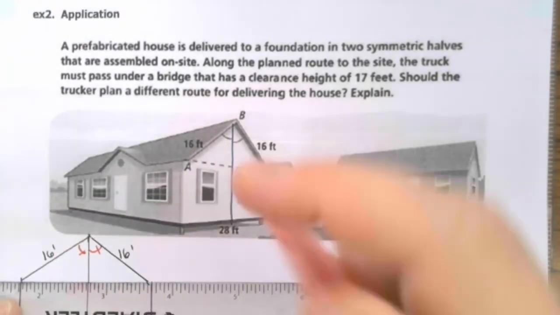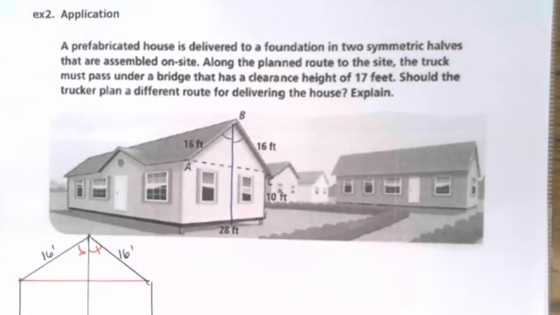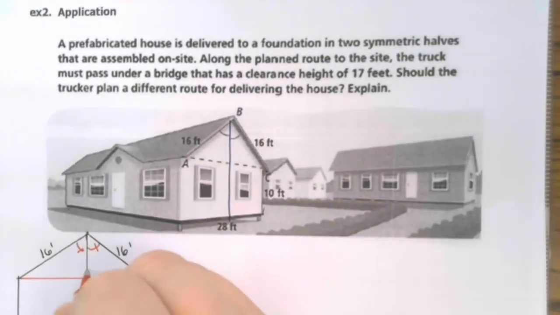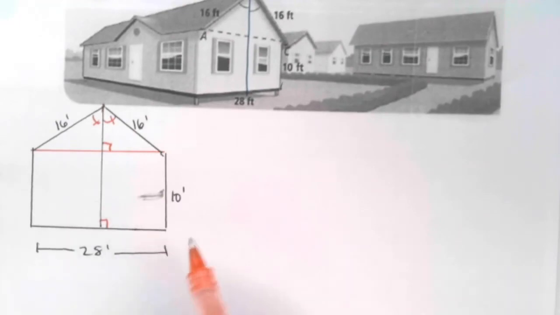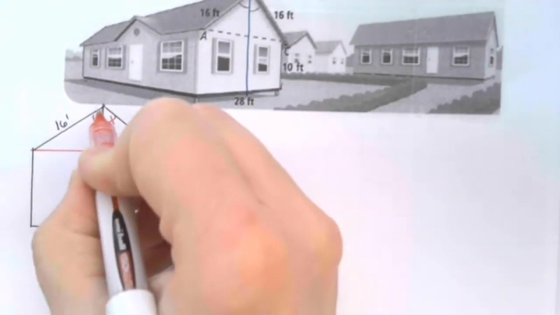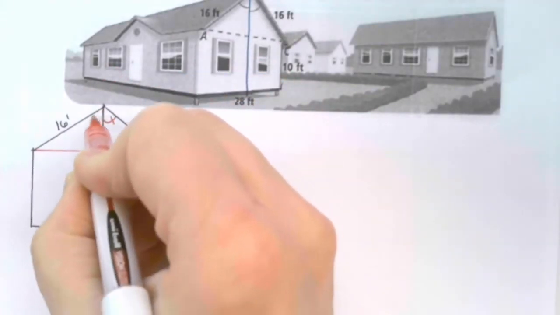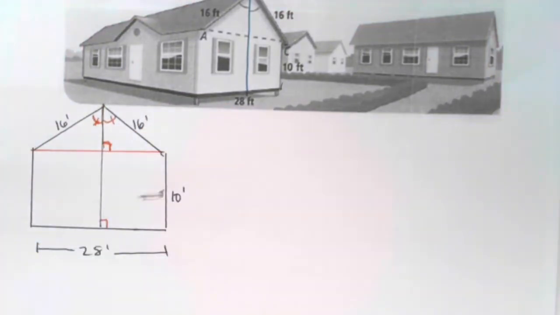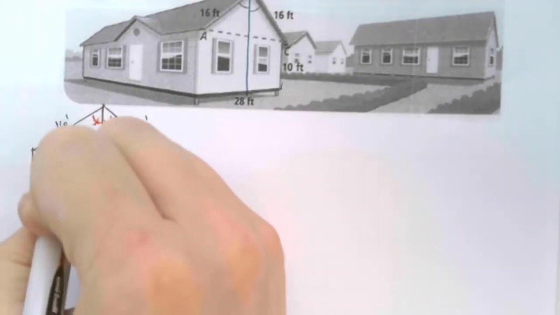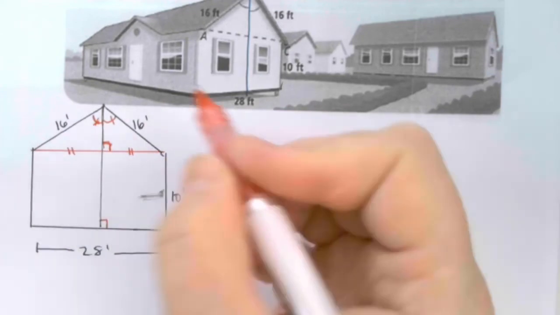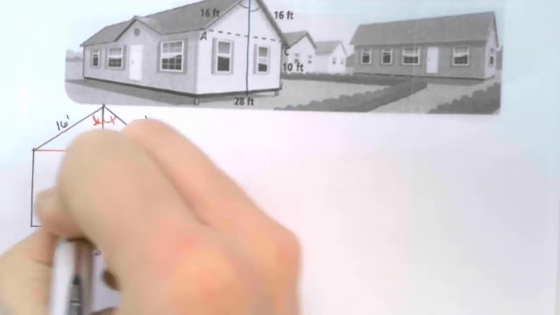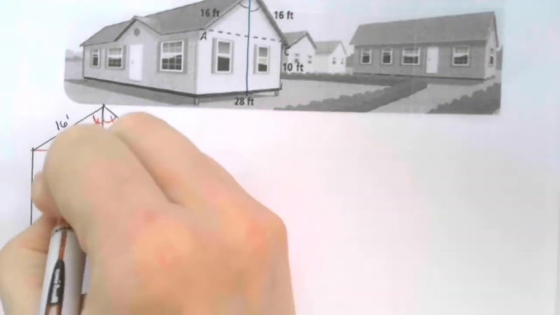But we can actually draw a line here on the diagram that creates 2 right triangles. That will give us a way to calculate. If this is 28 feet from side to side, then because this is a perpendicular bisector, it's straight down and it's perpendicular, we can split this into equal pieces. So half of 28 is 14, so I have 14 and 14.